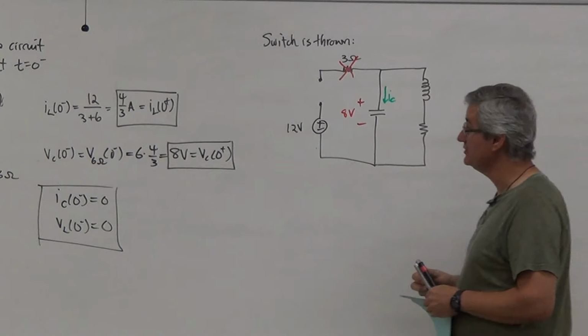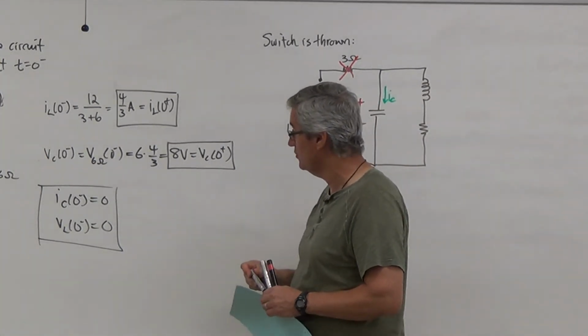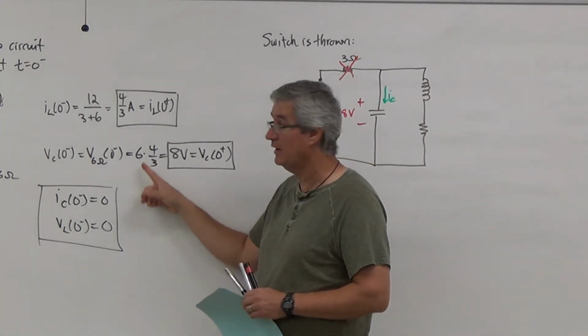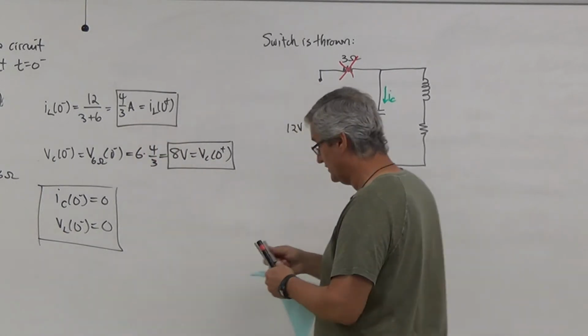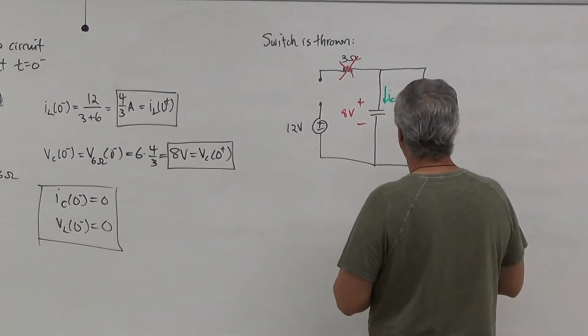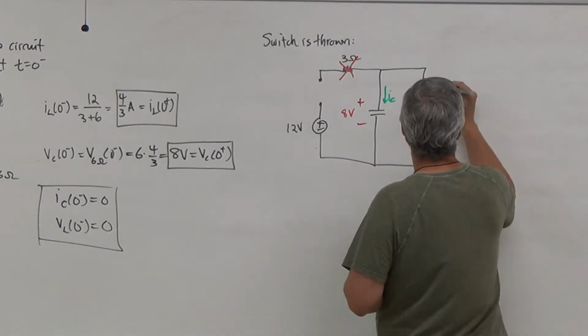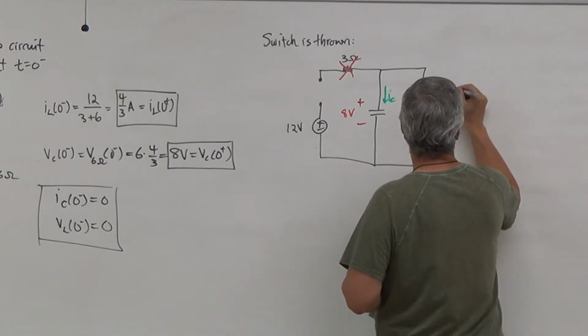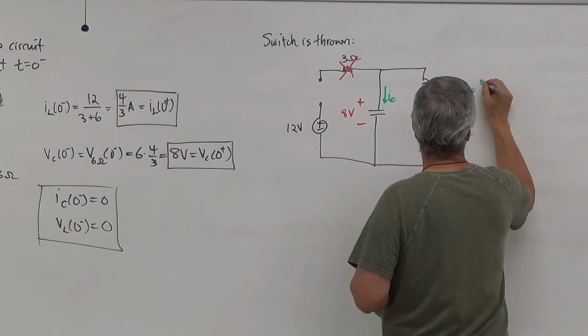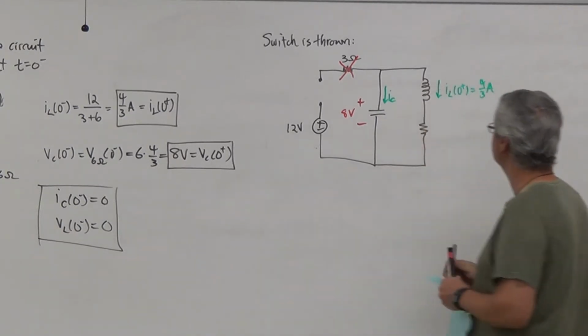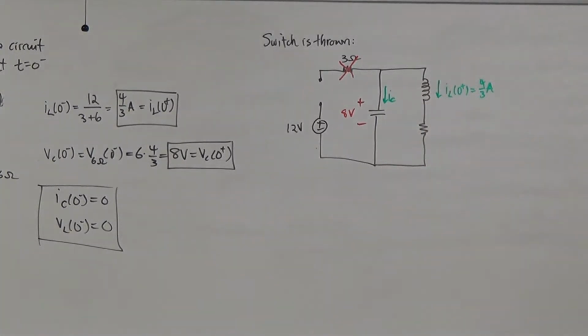Now, if I look at the inductor, the current of the inductor can't change. So if I look at this current here, this tells me that the current of the inductor at 0 plus must be 4/3 amp. Right?